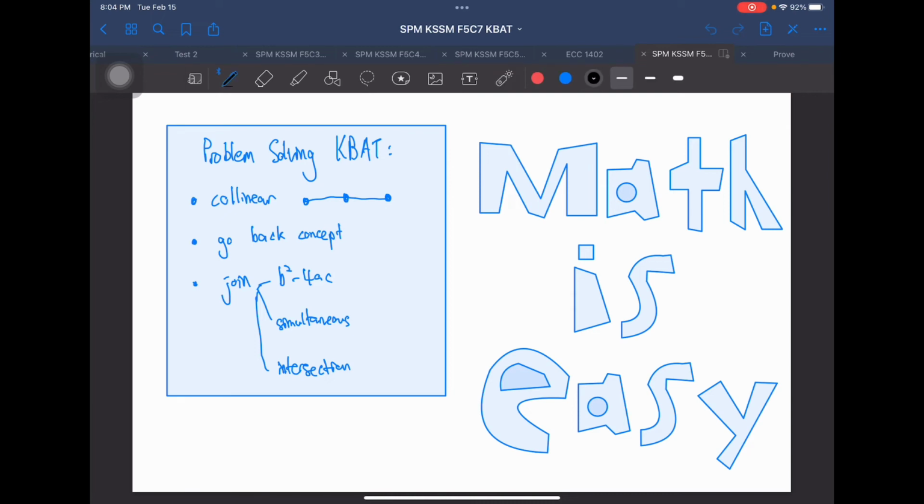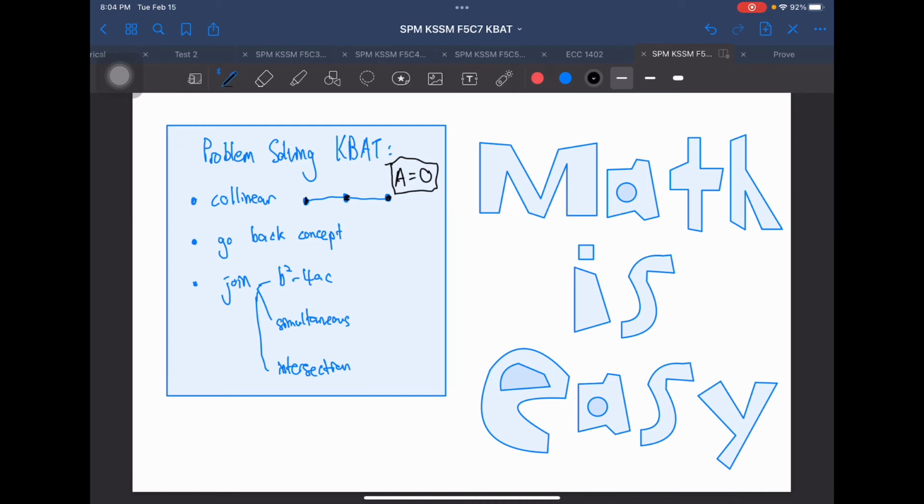A straight line means that the area is equal to 0. So if you are given at least 3 points, or 4, 5, 6 points, and they are all in a straight line or collinear, the first thing that should come to your mind is that the area of the polygon is 0, because the area of a straight line is 0.